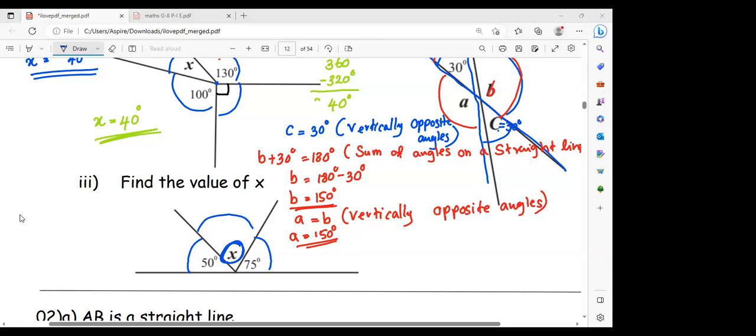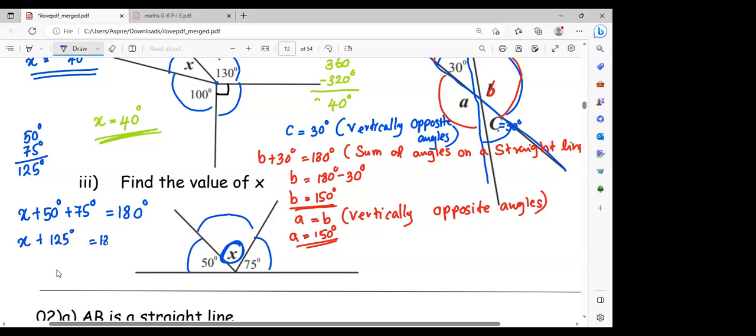So you can express this by using an equation. x added to 50 added to 75, which is 125, equals 180. So to find x, you have to subtract 125 from 180.